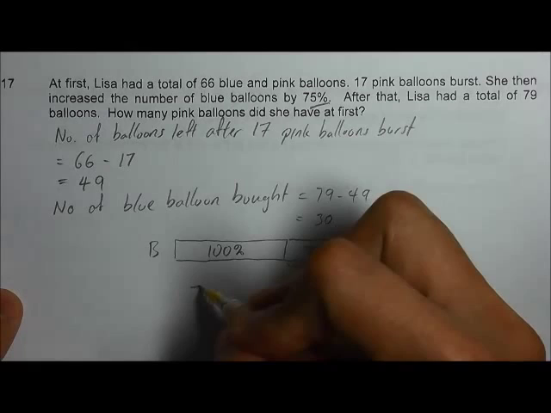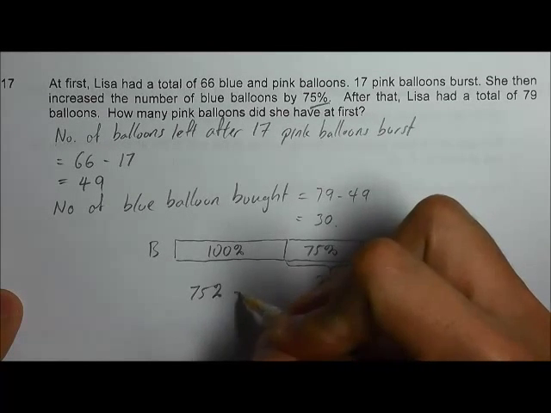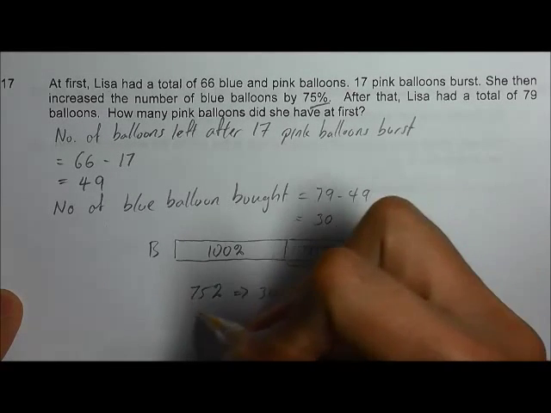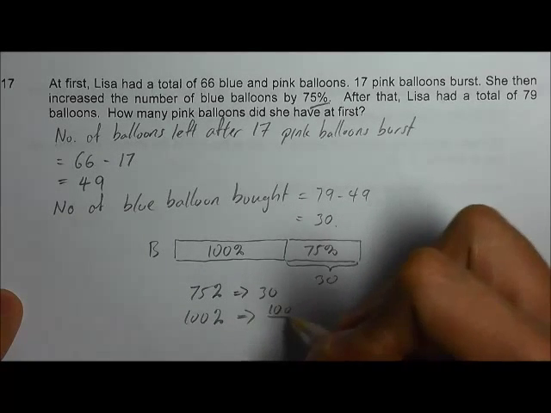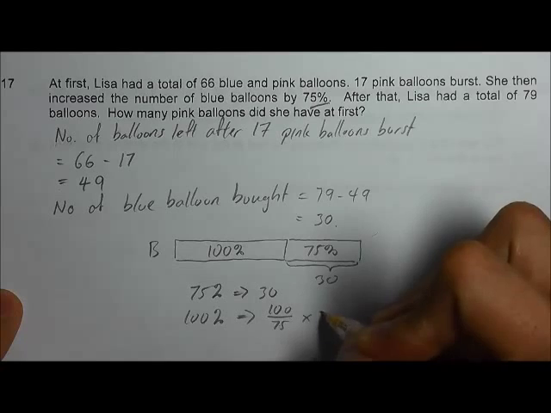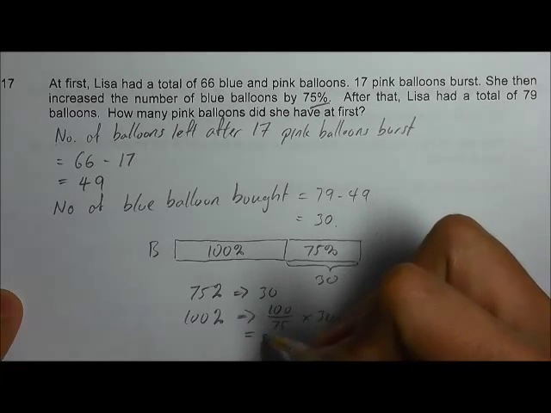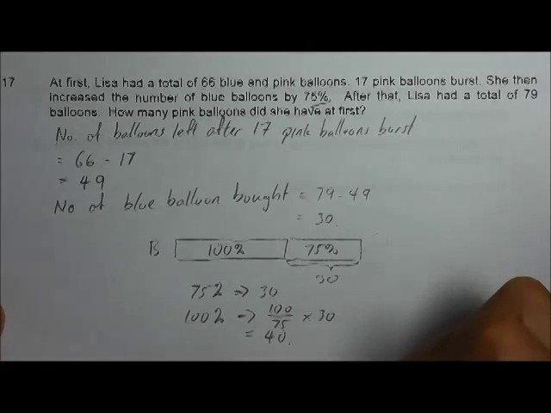So we can say that 75% is 30, 100% will be 100 divided by 75 times 30. That will give us 40.